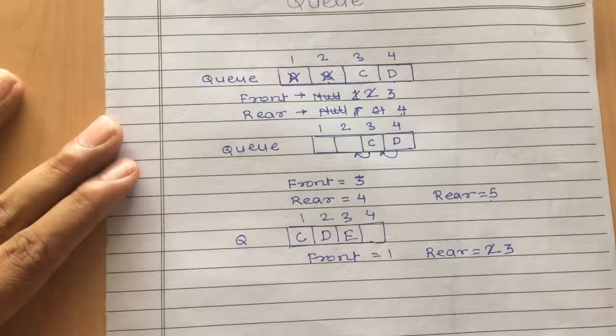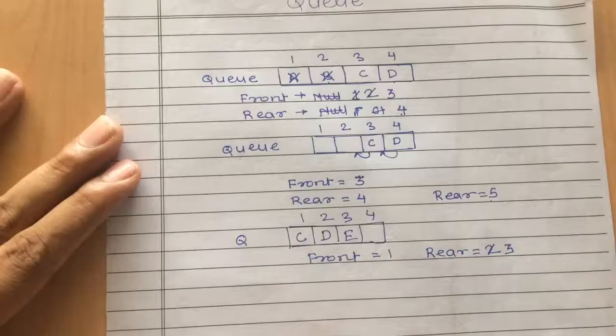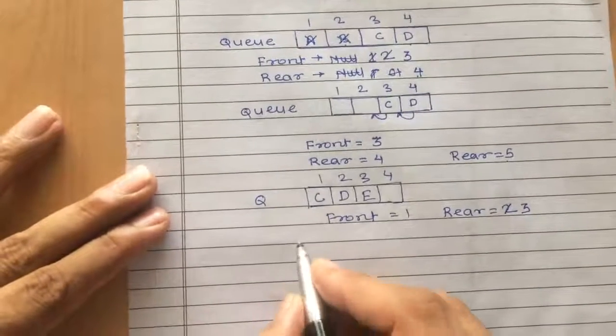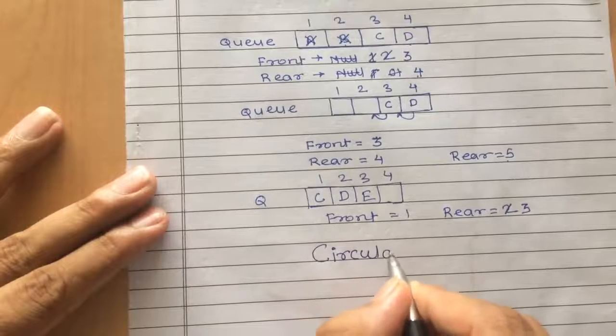Okay, so to overcome this, what we consider is this queue as a circular queue.